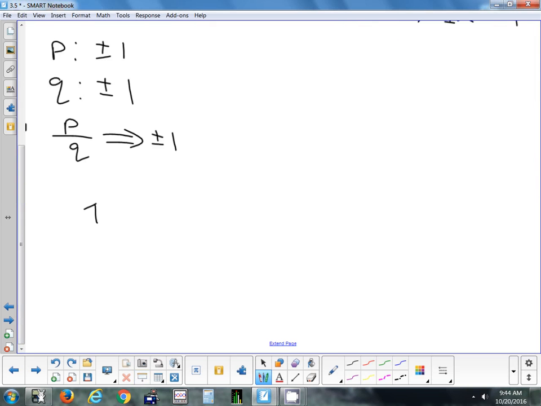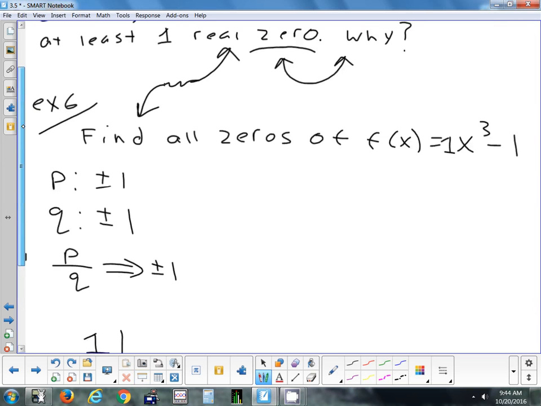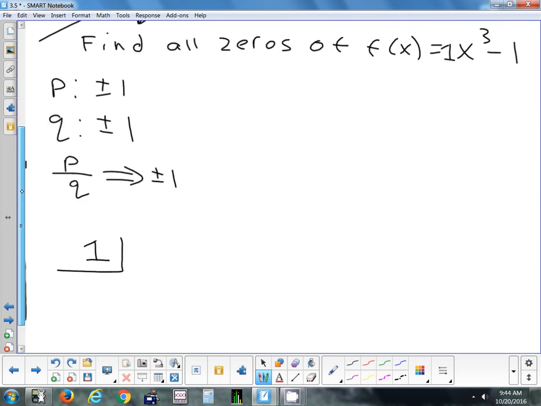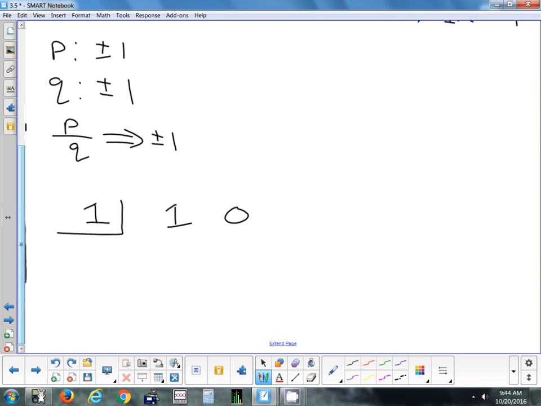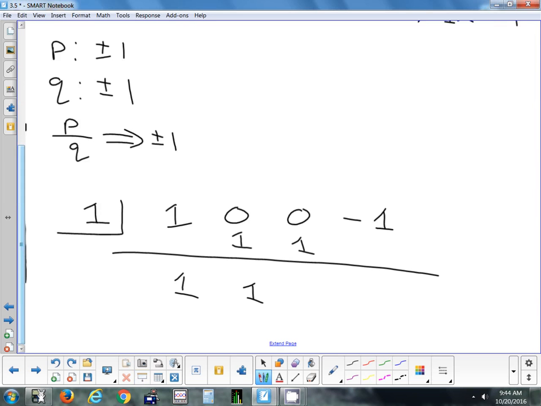So let's divide through by 1. My coefficients are 1, 0, 0, negative 1. Bring down the 1. 1 times 1. 0 plus 1. 1 times 1. 0 plus 1. And 1 times 1. 1. And this is pre-calculus.